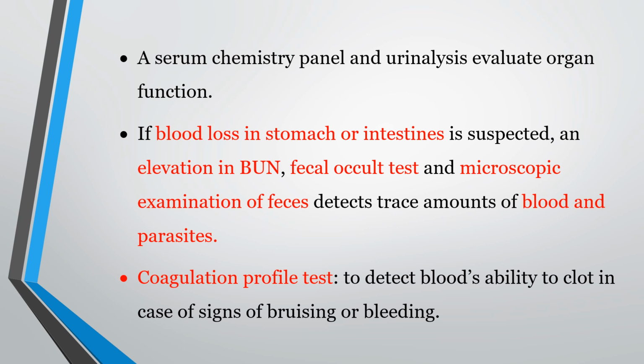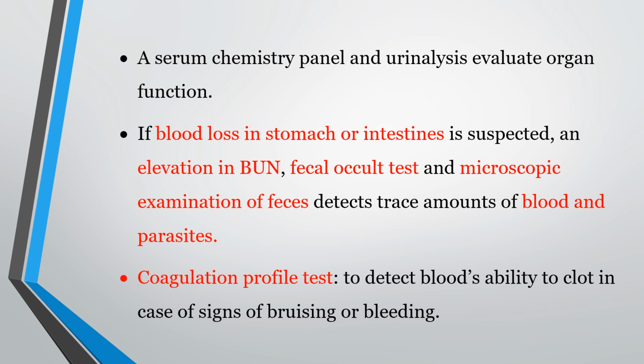If blood loss in stomach or intestine is suspected, measure the BUN, blood urea nitrogen, or perform the fecal occult test. It is a test that detects minor bleeding. Even if the bleeding is very minor, the fecal occult test can detect it. And examination of feces under the microscope detects trace amounts of blood and parasites.